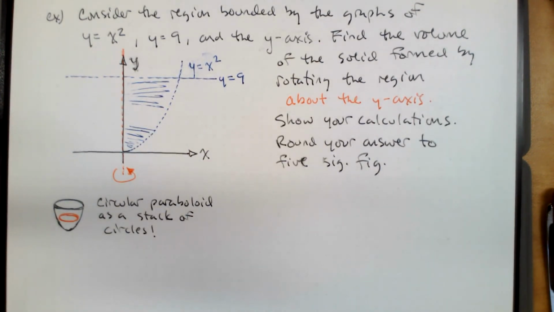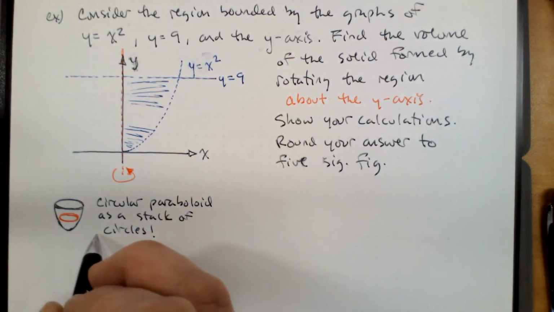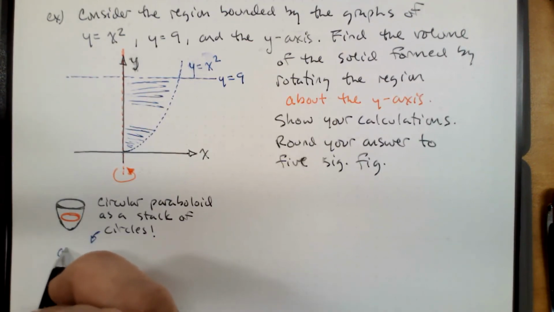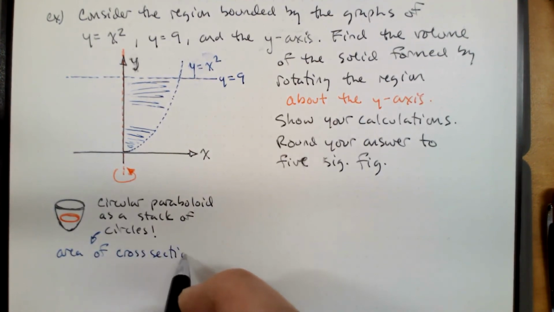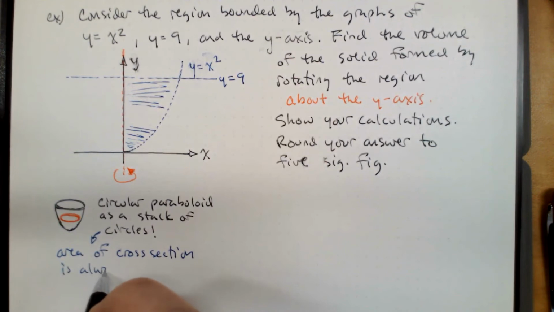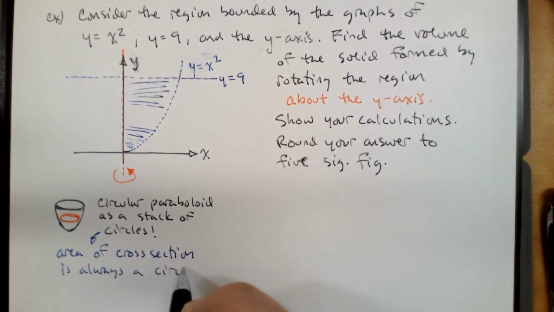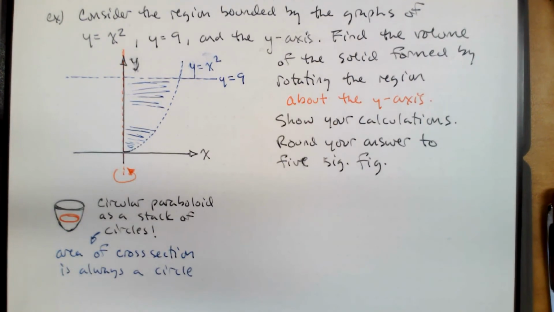That circular paraboloid is just going to be a stack of circles. The reason that we want to look at it this way is that the area of the cross section is always a circle. The size of the circle is changing, but it's always a circle. So this is important because the cross section always has the same shape.